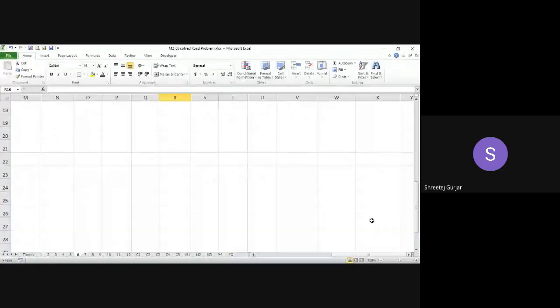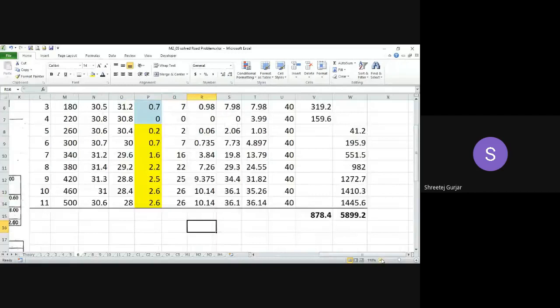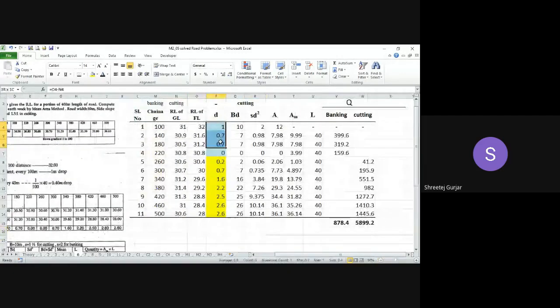And what answers have we got over here? 878 and 599. Exactly, we have got the correct answer. Okay, so make sure you separate out cutting and banking and then calculate. Okay, and while writing down these values, you need to write them as positive. Even if they come negative in your calculator, while writing, you have to write positive and go further with our calculation.